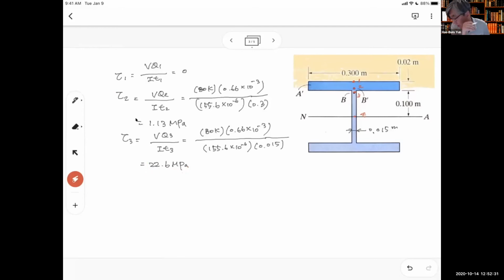So when you design an I-beam, and when you select the material for the web, or determine the width of the web, you need to be careful for the shear. Okay, and flanges are exposed to a very small amount of shear stress. Finally, tau 4.